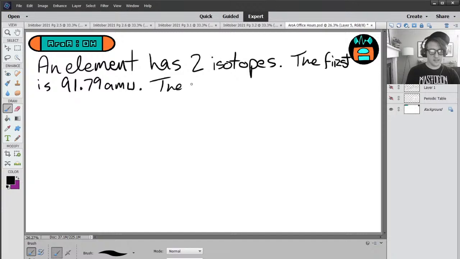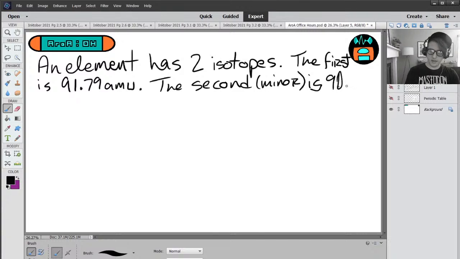The second, minor, is 90.77 AMU with a percent abundance, or I should say with a 21.60% abundance.